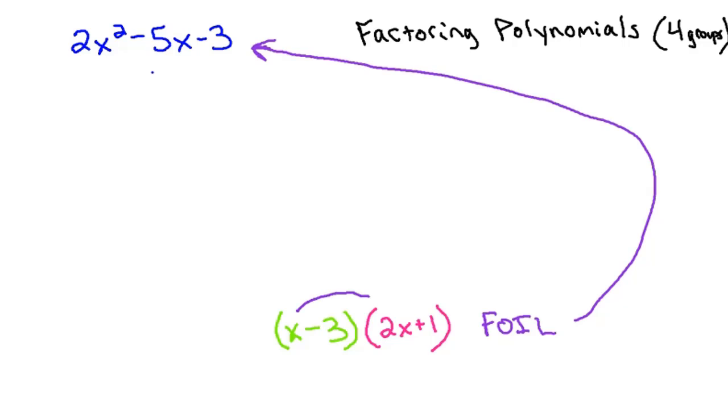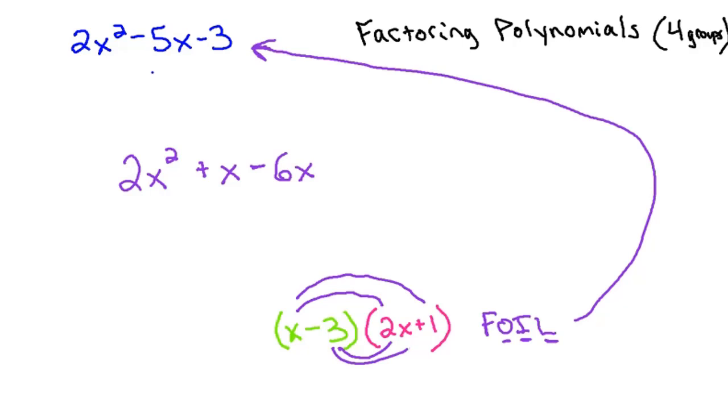First is x times 2x, so that would be 2x squared, and then outer, that would be x times 1, so that would be 1x, and then inner would be the negative 3 times 2x, so that would be minus 6x, and then last would be negative 3 times 1, and that's negative 3.